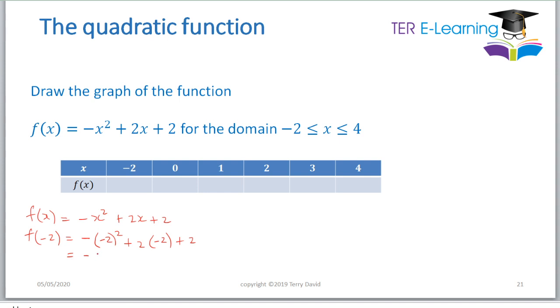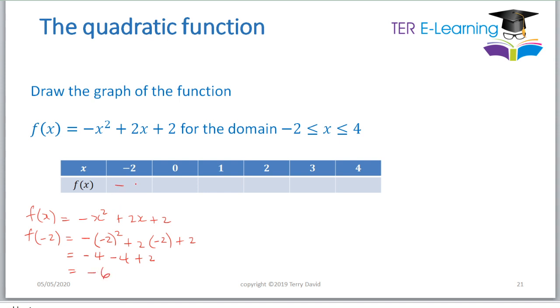Minus 2 squared gives me 4, because minus 2 multiplied by minus 2 gives me plus 4. And then we have 2 multiplied by minus 2, which gives me minus 4. And we're going to add 2. So minus 4 gives me minus 8. And minus 8 plus 2 gives me minus 6.